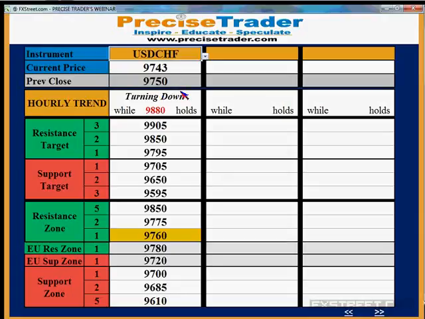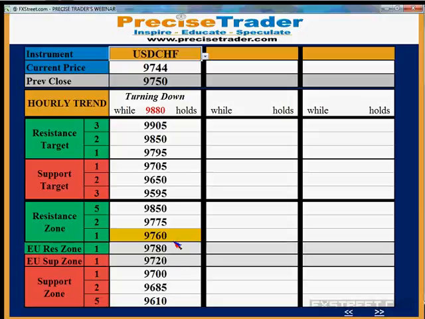The hourly trend says turning down while 98.80 holds. We have our resistance zone 1 at 97.60, resistance zone 2 at 97.75, support zone 1 at 97 figure, and support zone 2 at 96.85.